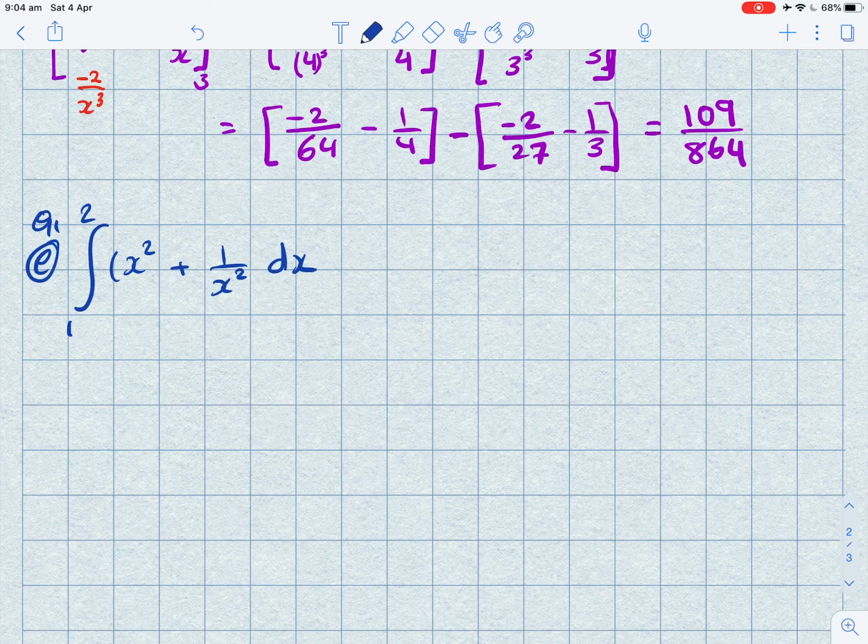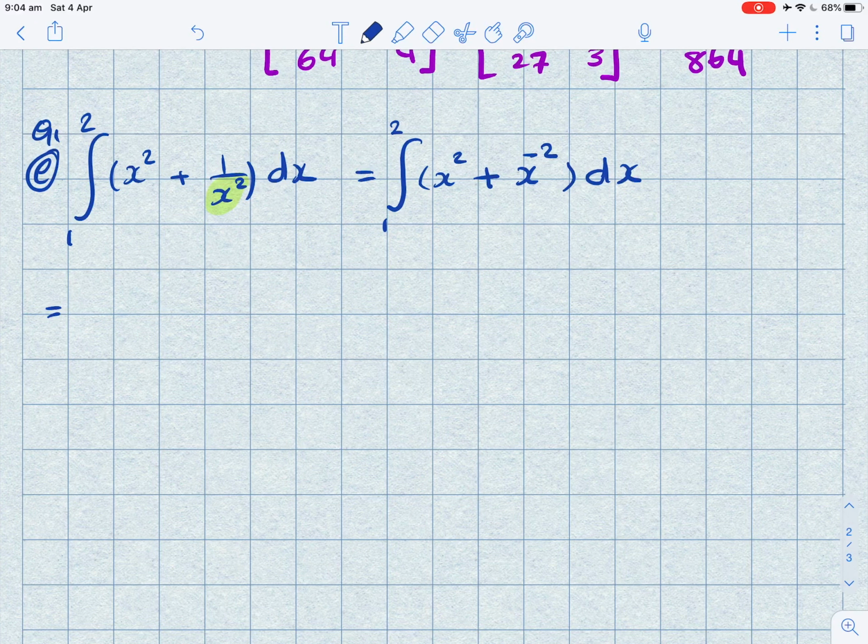For this question, just to make it easier for us, we can write this 1 over x squared as x to the power minus 2. So I'll write it again here, limits from 1 to 2 of x squared plus x to the power minus 2, and then dx. Okay, and now we can integrate this.